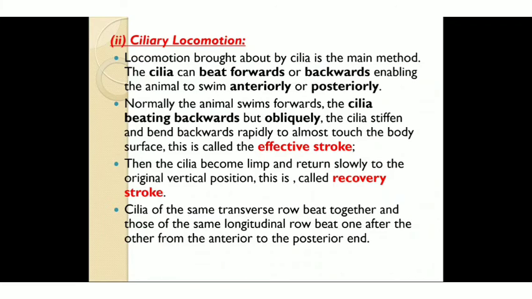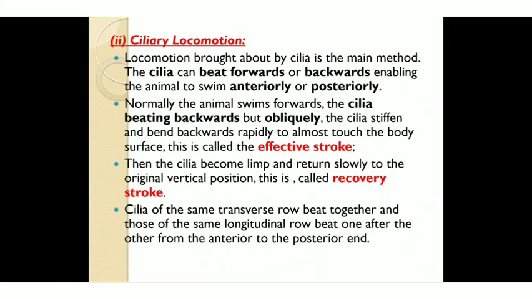The cilia become stiff and beat backward in a rapid stroke, and then when it reaches back it becomes soft and returns to the normal position. That is called the recovery stroke. So the cilia of the same transverse rows beat together, and those in the longitudinal row beat one after the other from the anterior to the posterior end.